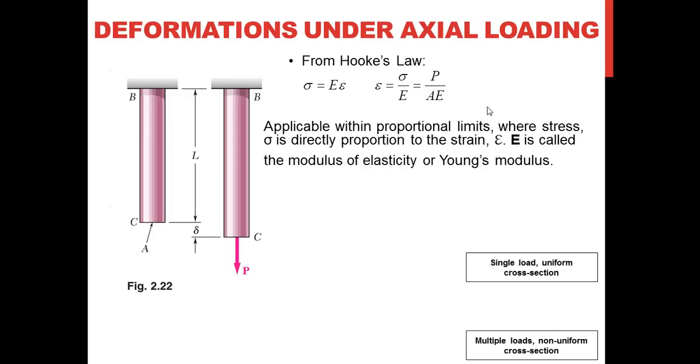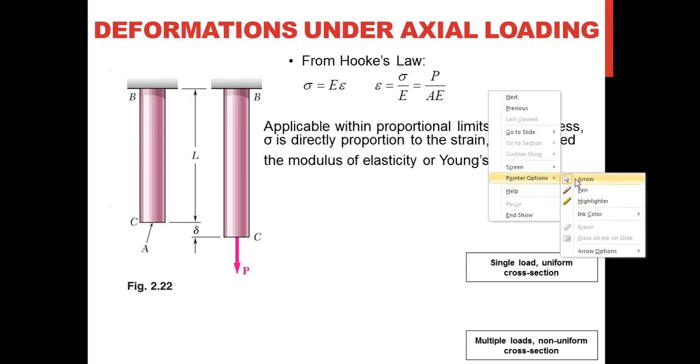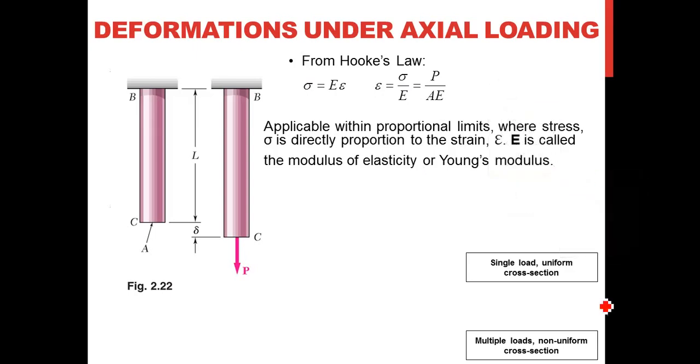Okay, now let's proceed with the deformation under axial loading. So we have looked at, from the previous lecture or the previous slide, the slope of the stress strain curve, which is here.